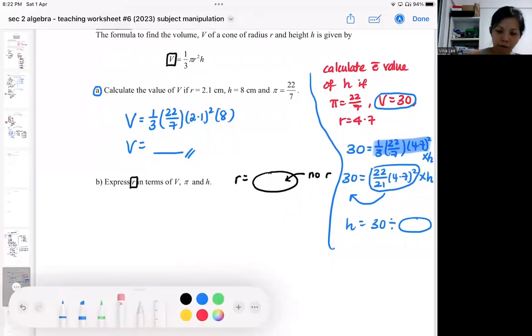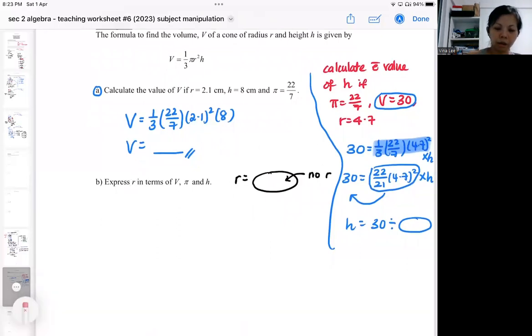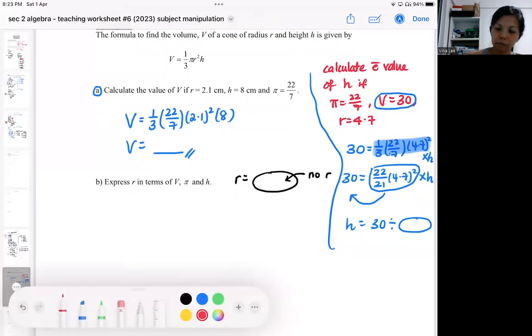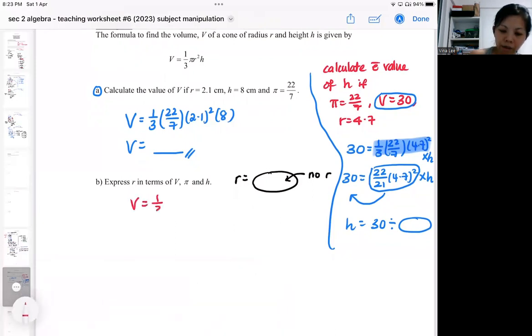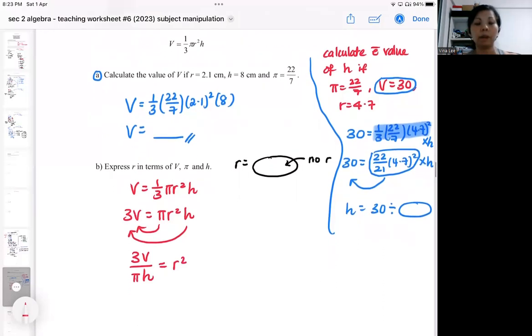Okay, so for the last part here, we're going to make R the subject. If you got a fraction here, you might want to multiply 3 on both sides. Some of you will feel better if you multiply 3 on both sides. And then you divide the pi over, you divide the h over, and you're left with R squared.